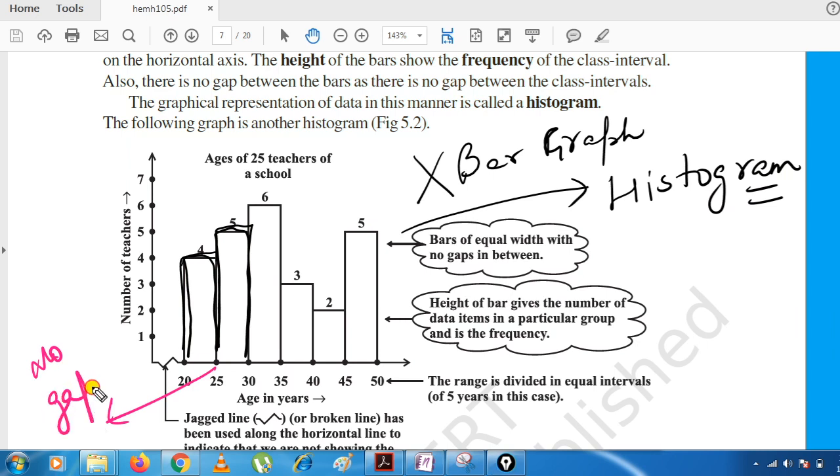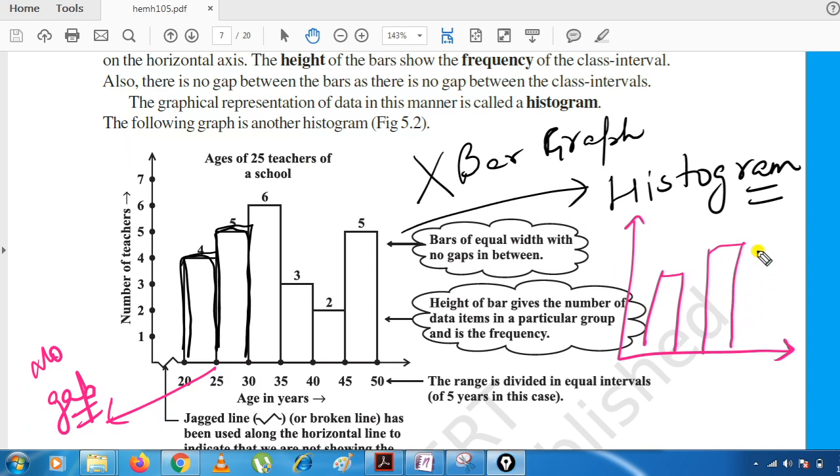There is no gap between the two adjacent rectangles. If you had a gap between any two adjacent rectangles, then you could say it is a bar graph, like this. Suppose this is one rectangle, then you have a gap, then another rectangle, then another rectangle.